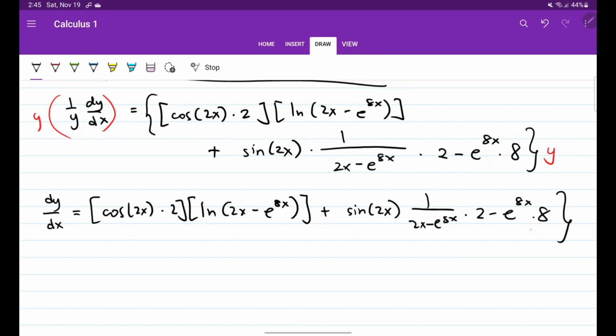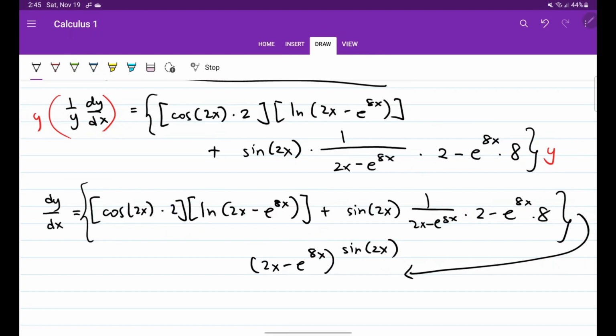And multiplied by y. So our y is (2x minus e to the 8x) raised to sine 2x. So we multiply it by this term.